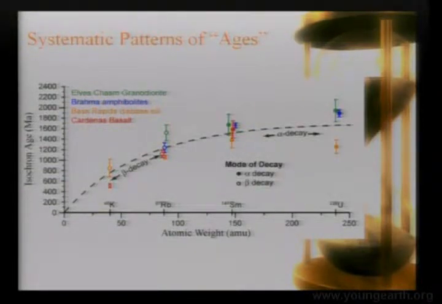Now, we don't know for sure yet exactly what causes this accelerated nuclear decay in the past, which would have to have been during the flood, for example. We don't know yet what mechanisms may have done it, but we do know whatever mechanisms were involved, they were probably at the nuclear scale, because the alpha decay gives different results to the beta decay, and it has to do with the atomic weight, which is in the nucleus of the atom.